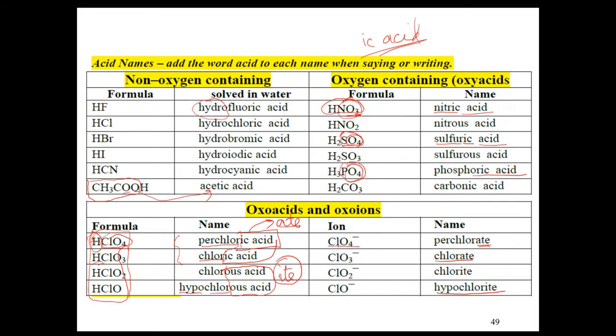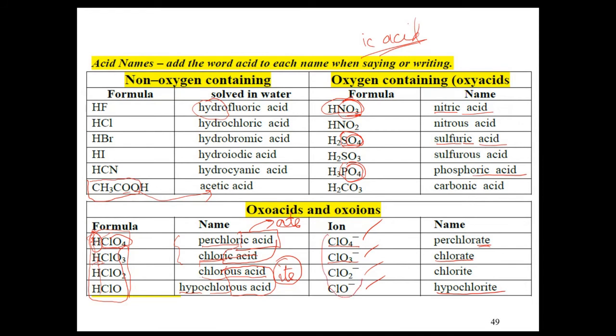It becomes perchlorate. It is chloric acid, it becomes chlorate. It is chlorous acid. If I take off the hydrogen, it becomes ion like this: ClO4 minus, ClO3 minus, ClO2 minus, ClO minus.